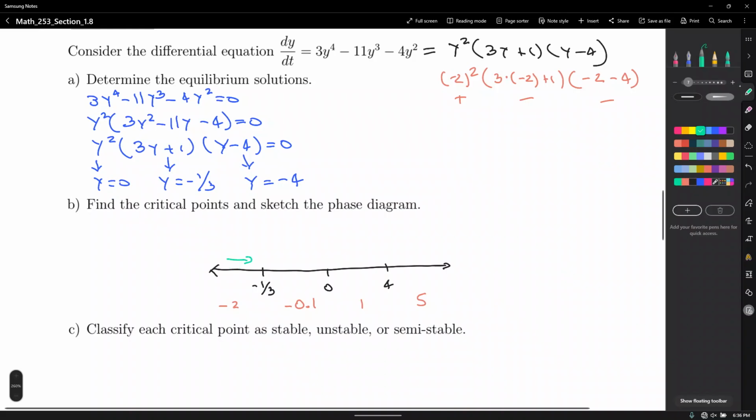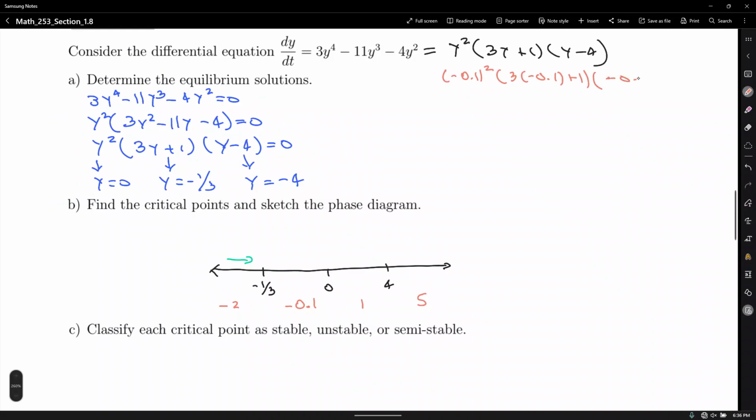Let's repeat the process for the next test value. Number one, -0.1 squared times (3 times -0.1 plus 1) times (-0.1 minus 4). This is always positive, and then -0.1 times 3 is -0.3, plus 1 is 0.7, which is positive.